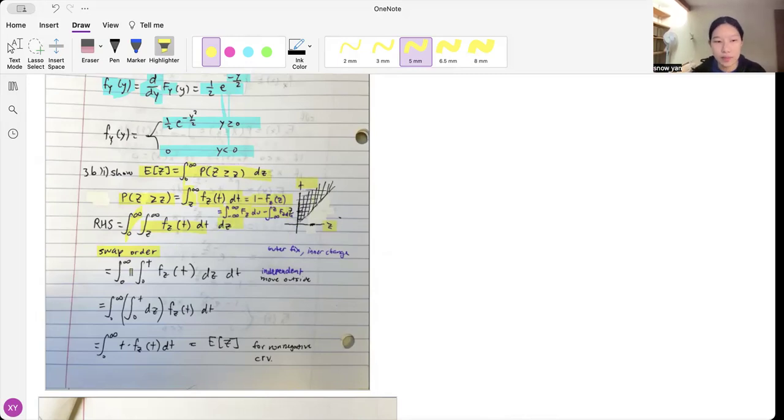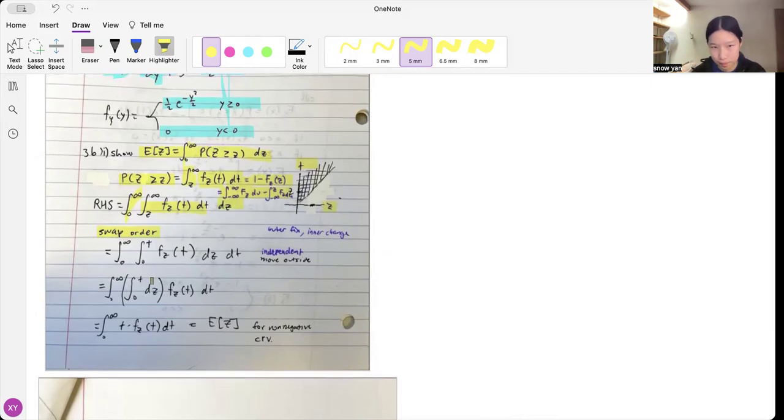So when we swap it, we have something like this. When we want to switch it, it's actually limited by t over here. That's what's changed, because one is summing horizontally and one is summing vertically, so our boundary is shaped by that.